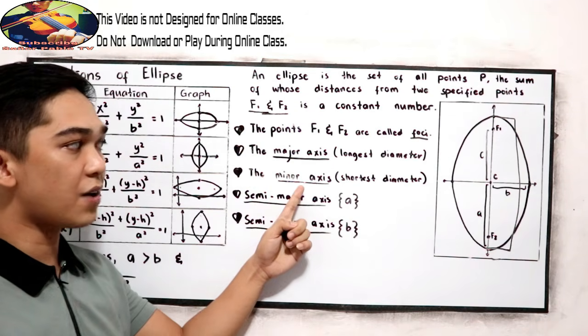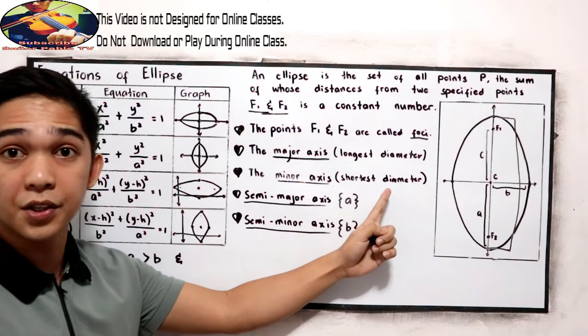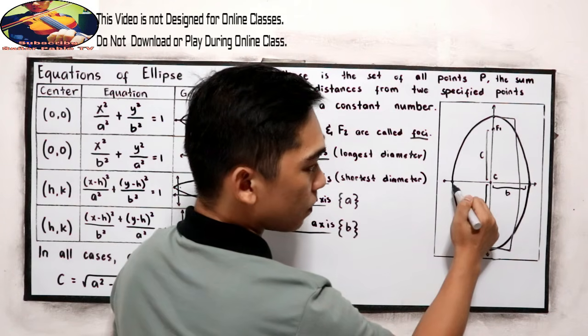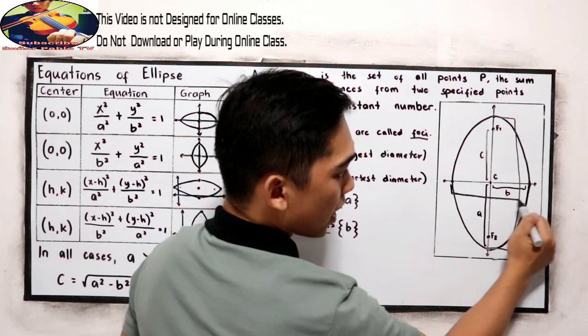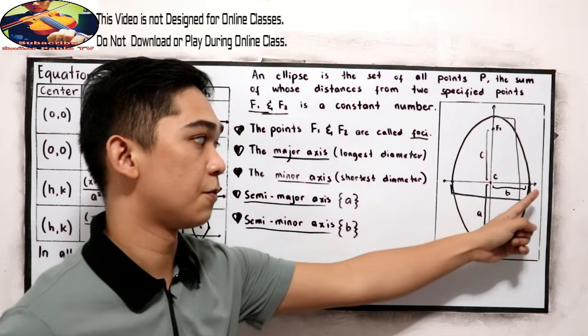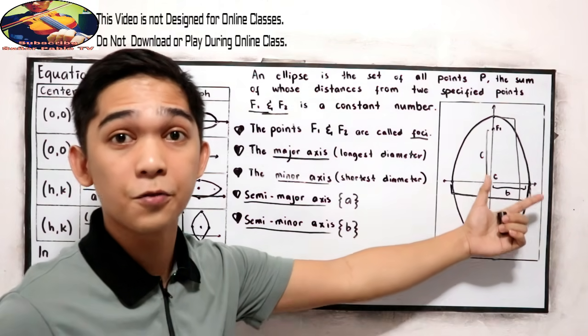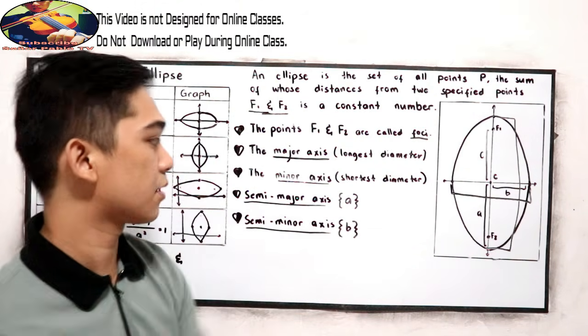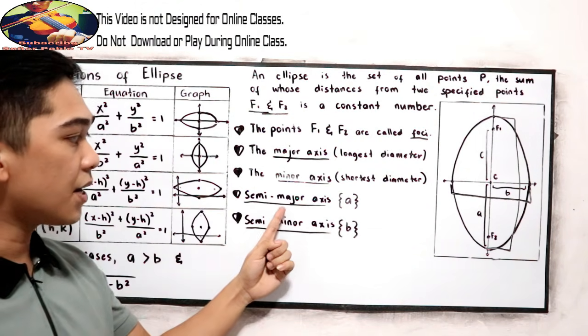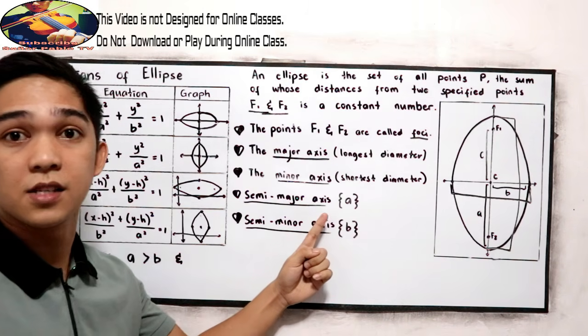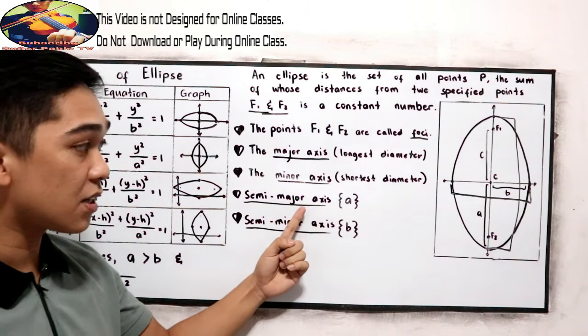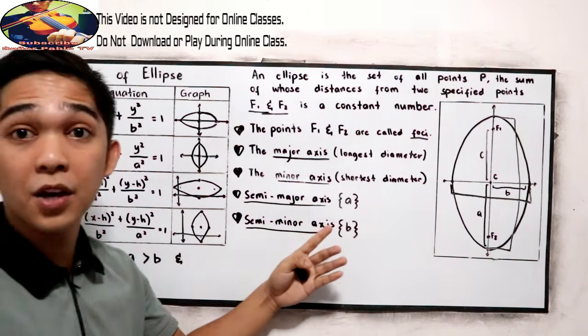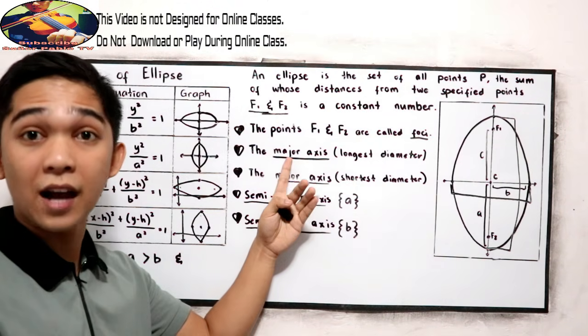And we also have the minor axis, the shortest diameter, this one, to another vertex. That is the co-vertices, and this is the vertex. We have the semi-major axis, that is half the measure of the major axis.